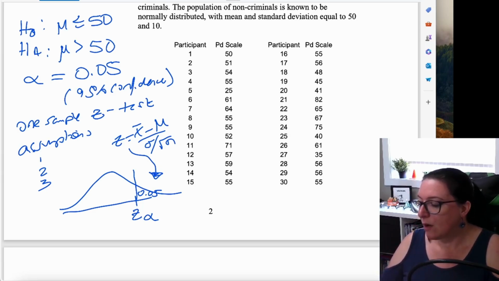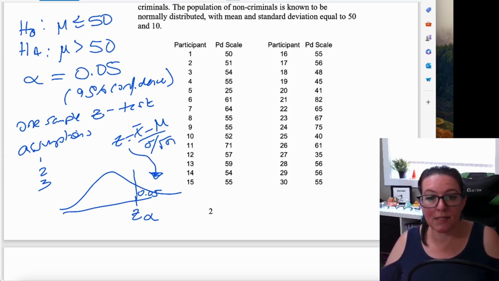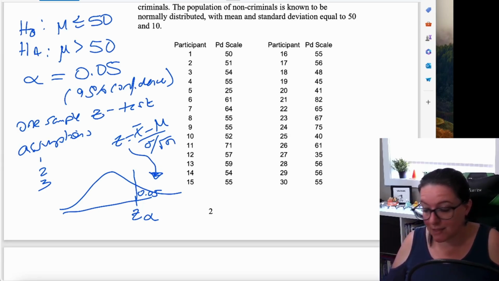If our test statistic is less than our critical value, then we will not reject the null hypothesis. It is possible that the criminal and non-criminal scores are the same, or the criminal scores are lower. It's also possible we're not detecting the difference because the test we use isn't strong enough, the sample size isn't big enough, or other reasons that we're not detecting the difference that we expect to see.